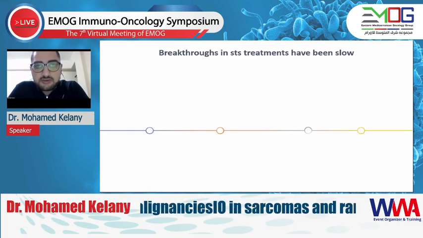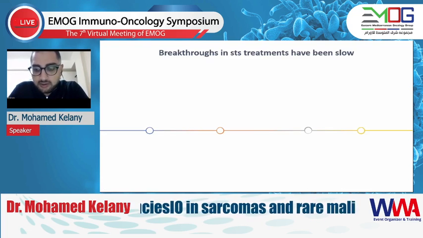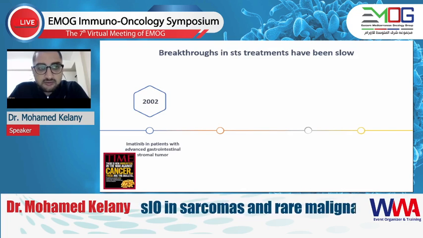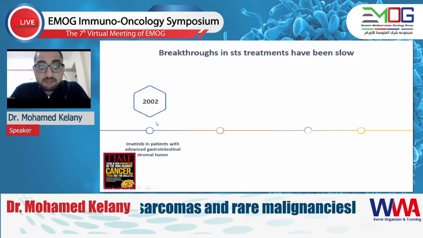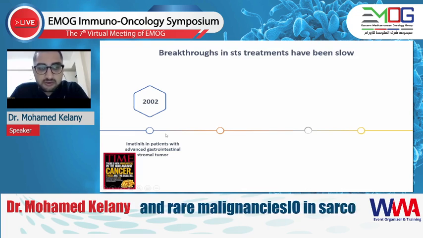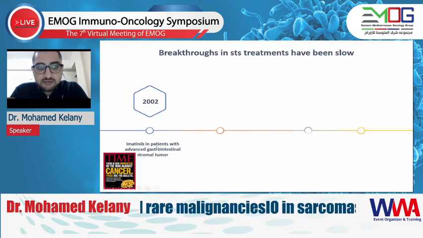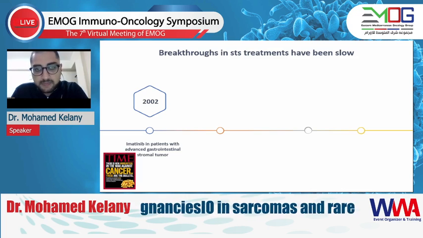Breakthrough news in soft tissue sarcoma has progressed very slowly. In 2002, imatinib was approved in GIST, which was a paradigm shift in the management of GIST from chemotherapy to oral TKIs, imatinib, or second-line or third-line oral TKIs.